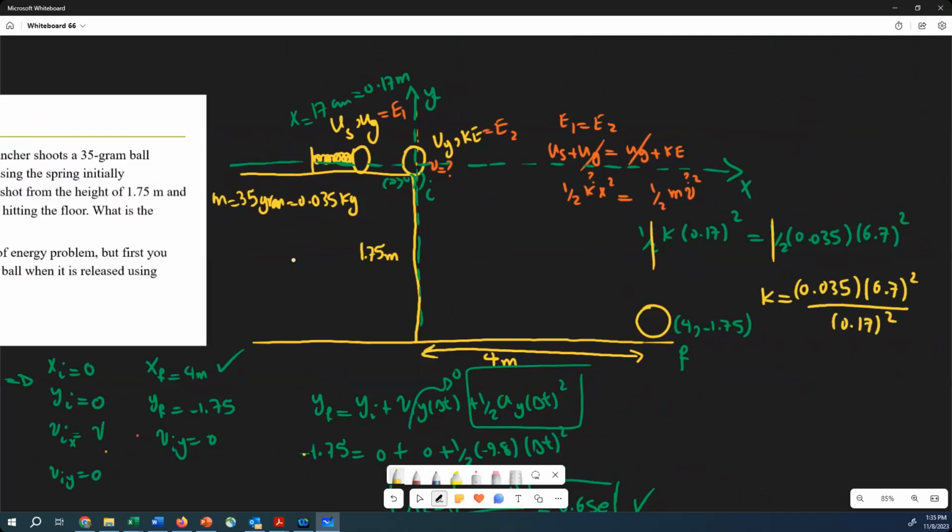Okay, go ahead and calculate this K, please. It's 54.4 newton per meter. Okay? Yep.